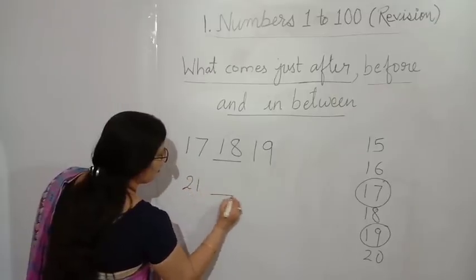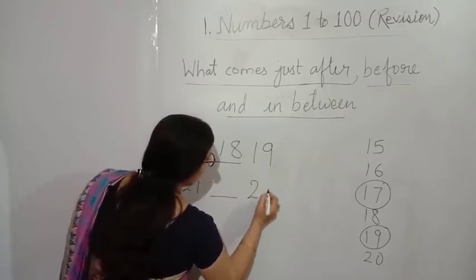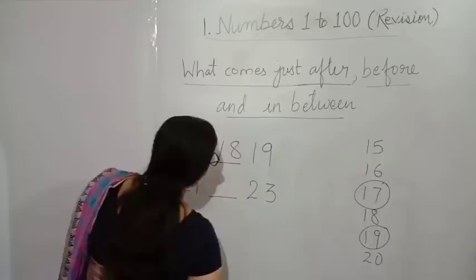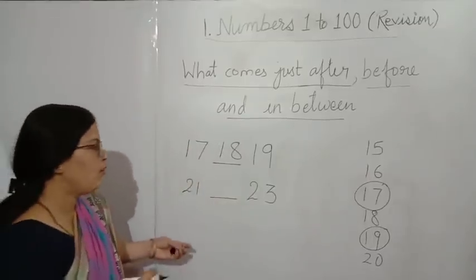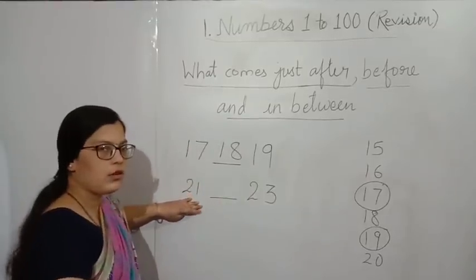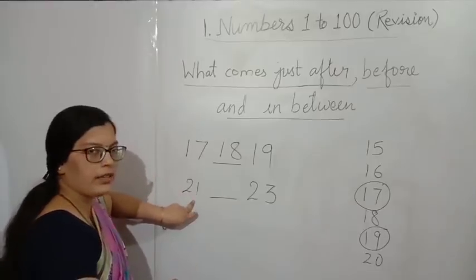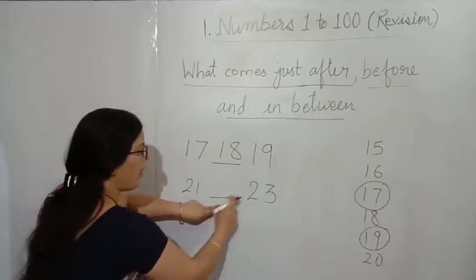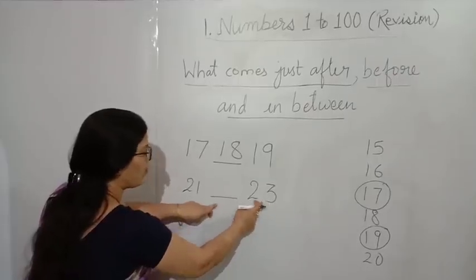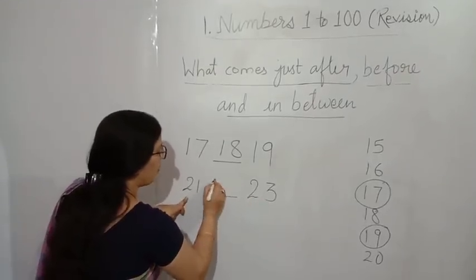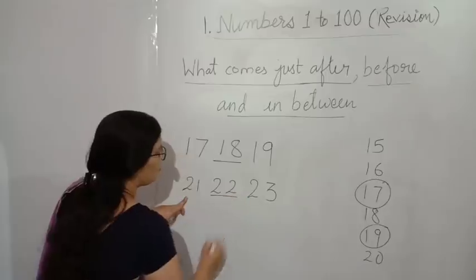Now you have to write the number which comes between 21 and 23. You know all countings, so just count from here: 20, 21, then 22 and then 23. So what comes in between 21 and 23? 22.